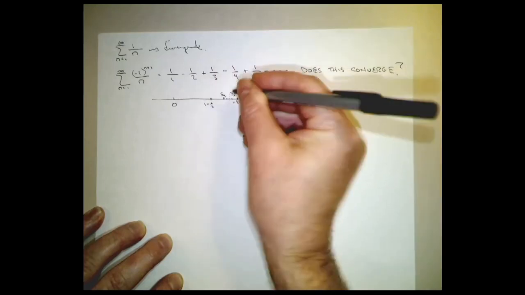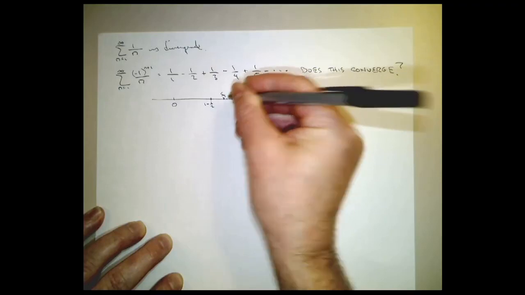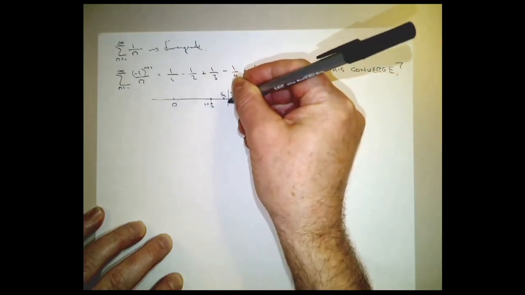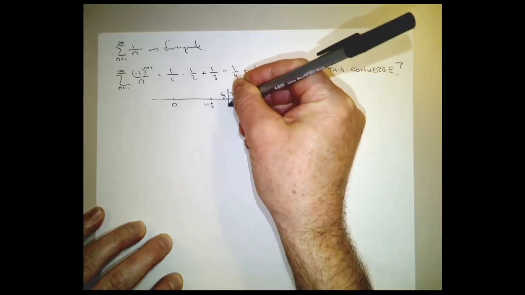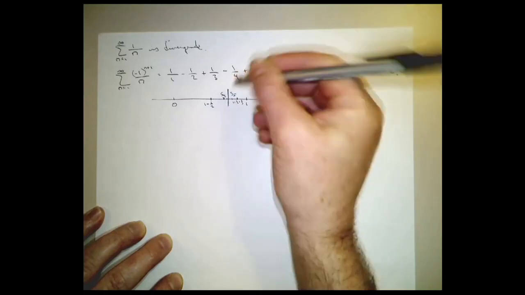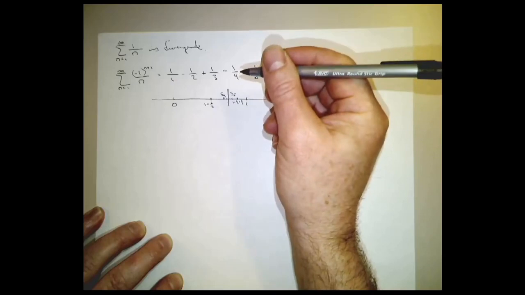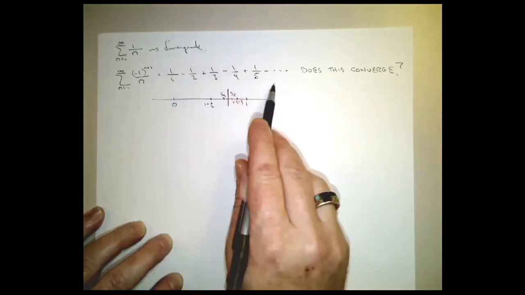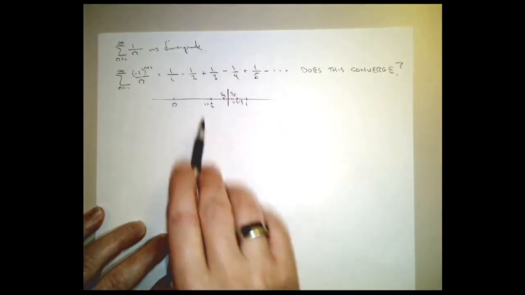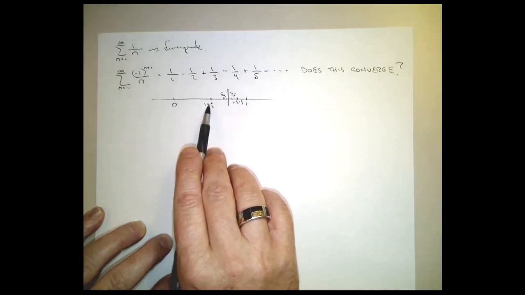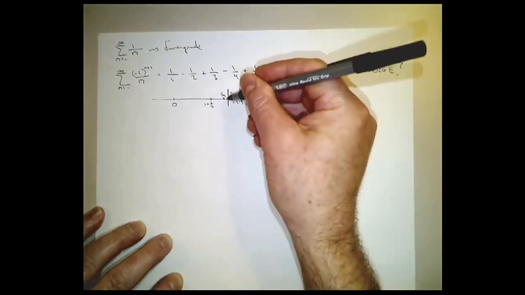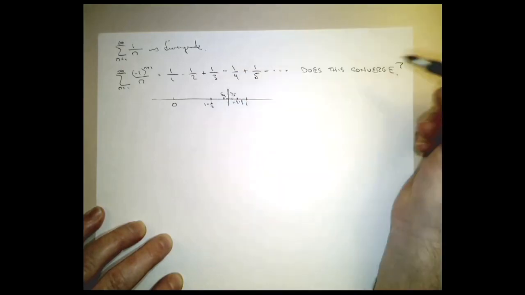And what it looks like is happening is that we're honing in on some number, right? If I look at the second partial sum, the fourth partial sum, the sixth partial sum, and so on, the sixth partial sum is somewhere there someplace.